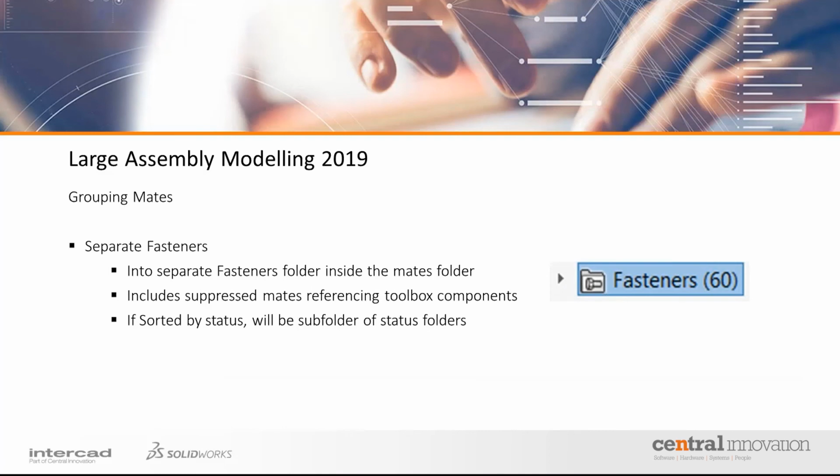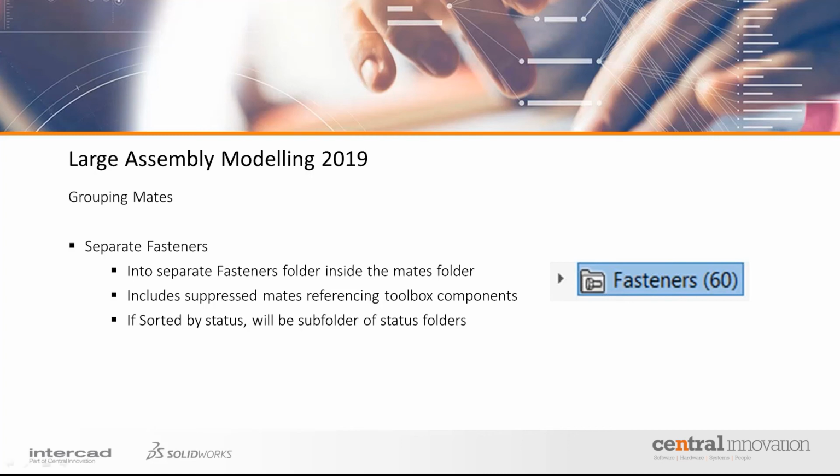We can also group mates into a folder for fasteners, so into a separate fasteners folder inside the mates folder. It includes suppressed mates that are referencing toolbox components, and if it's sorted by status, it will be a subfolder of the status folder.